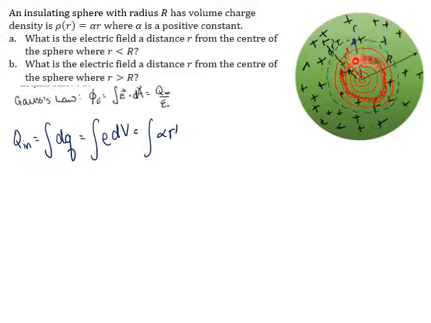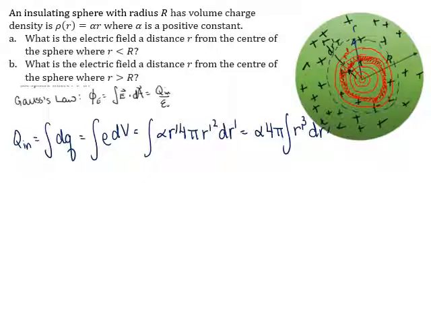The volume is going to be the area, 4 pi r primed squared, times the thickness, dr primed. Okay, now we can take our constants out in front of the integral. Alpha times 4 times pi outside of the integral of r primed cubed. That comes from r primed times r primed squared times the thickness dr primed.